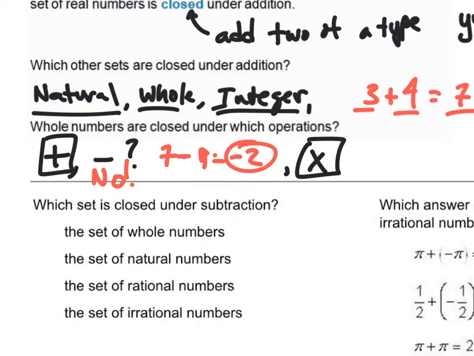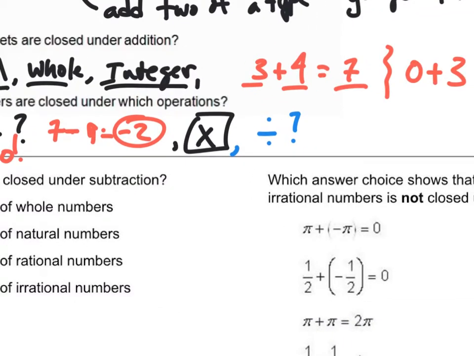What about division? If you take 3 divided by 2, you get a rational number here. You get 1.5. So if I were to take these two whole numbers and divide them, am I getting another whole number?